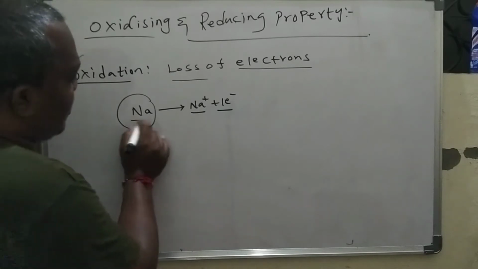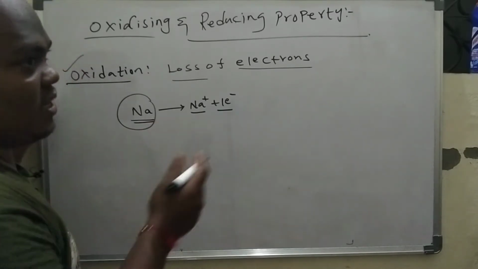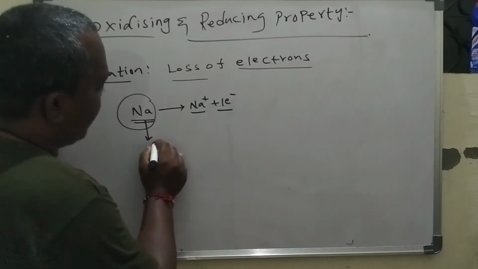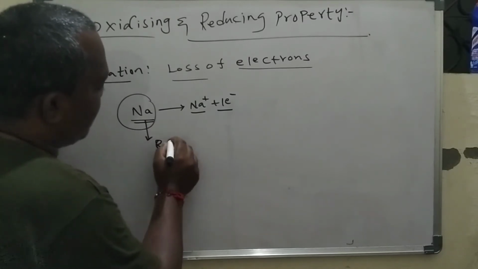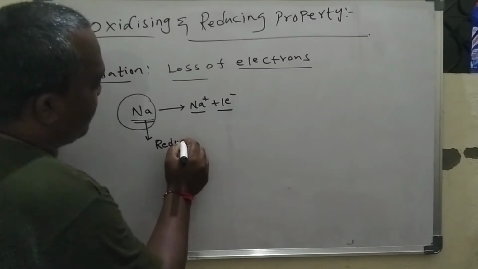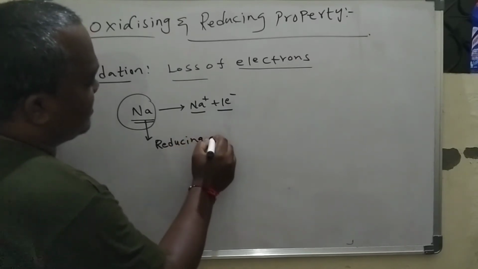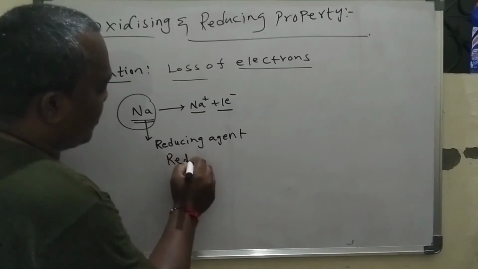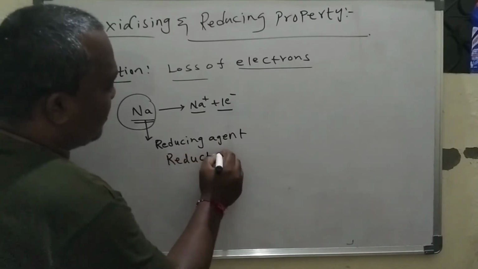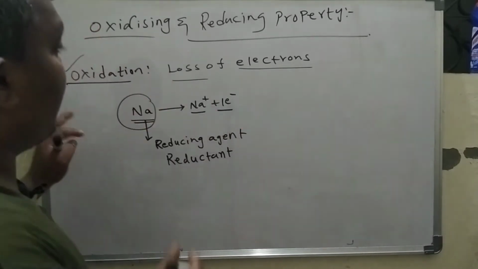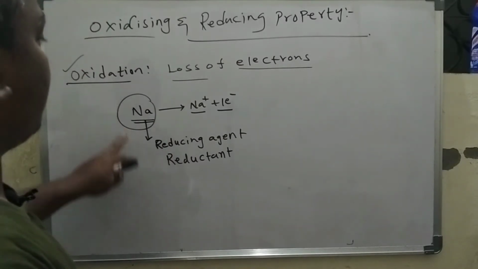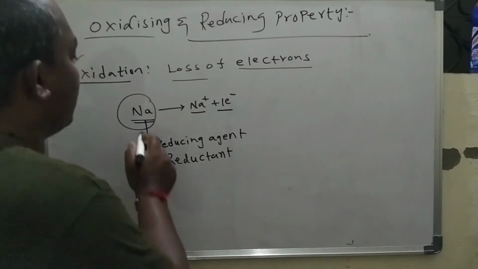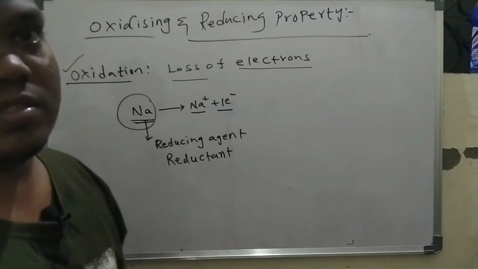But the sodium atom is undergoing loss of electrons, so that's why sodium is called a reducing agent or reductant. So this reducing property or reductant nature belongs to substances which lose electrons.